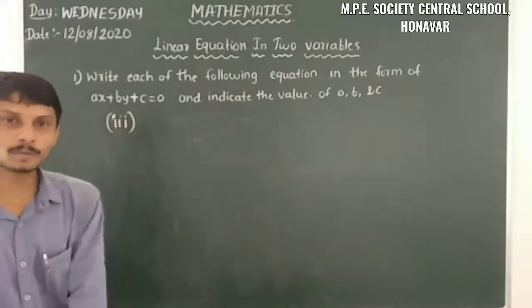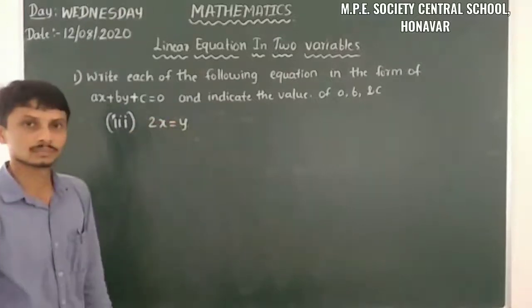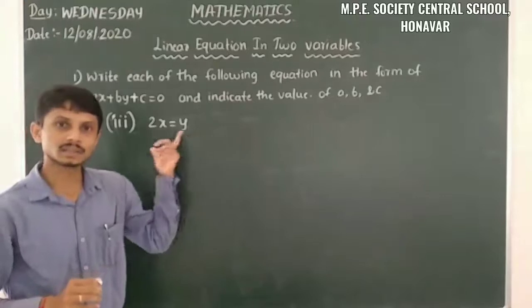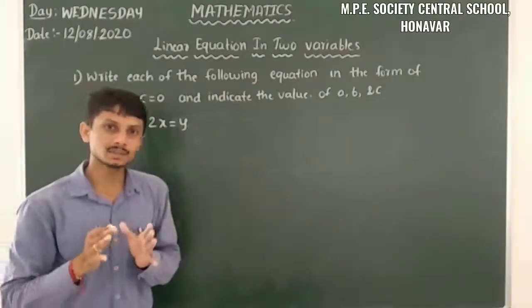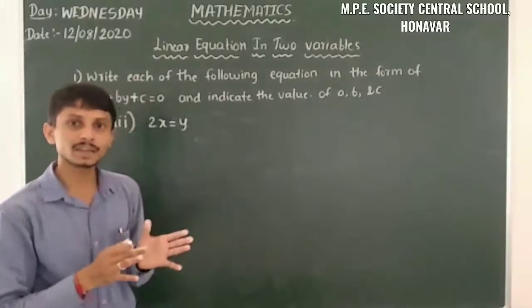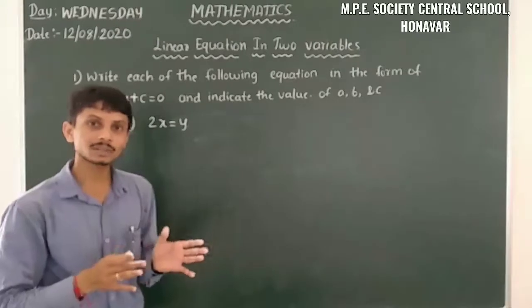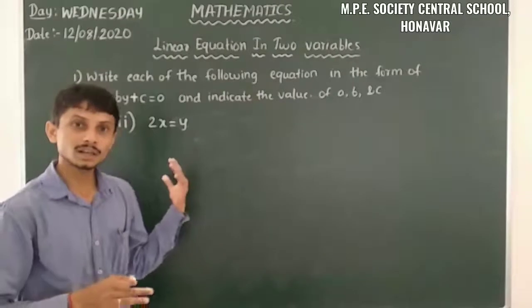Yes. The third problem is 2x is equal to y. Just observe here, there are two variables here, but there is some difference. So firstly we have to go with the procedure. That is, we have to transpose all the terms of the RHS to the LHS side.